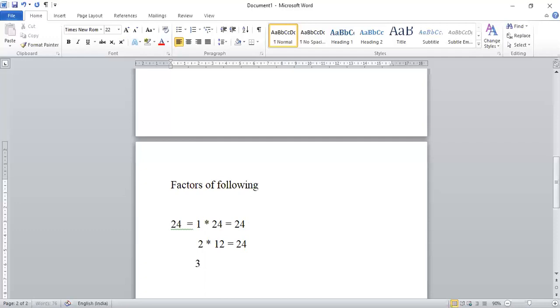Yes, 3 8s are 24. In 4's table, yes, 4 6s are 24. Then in 5's table, no. 6, yes, 6 4s are 24, but we had already written 4 6s are 24. Then 7, no.